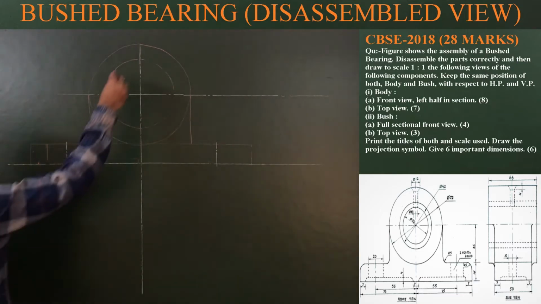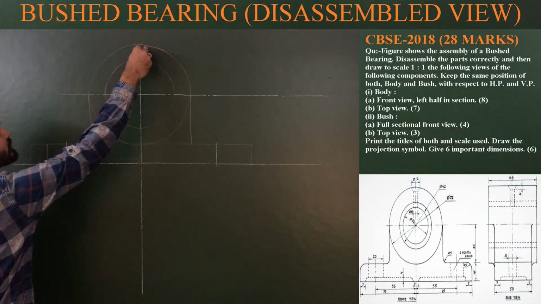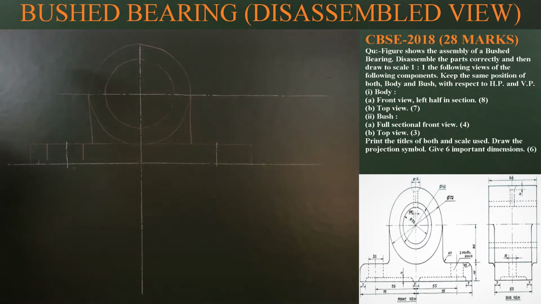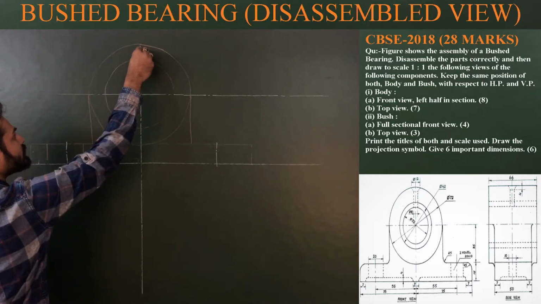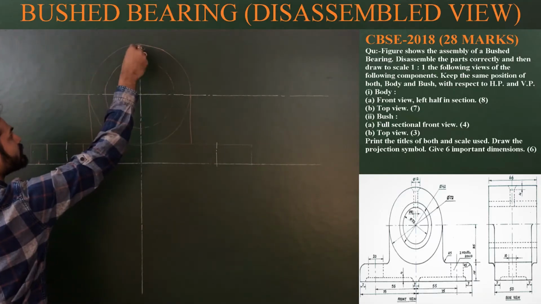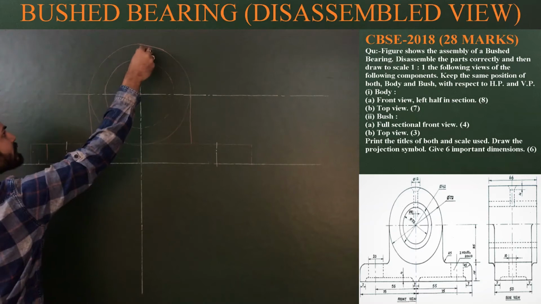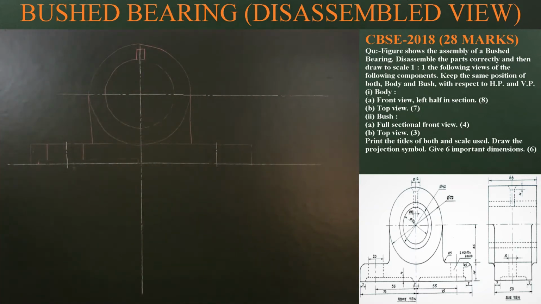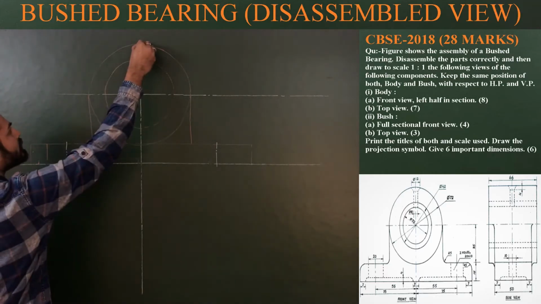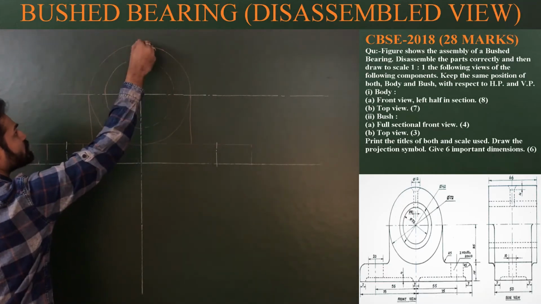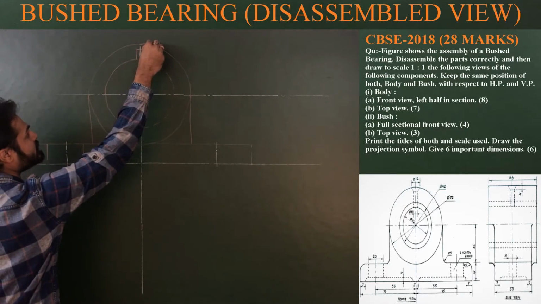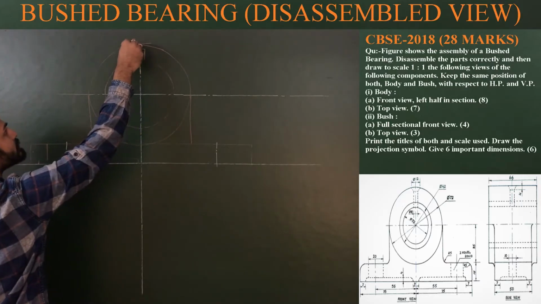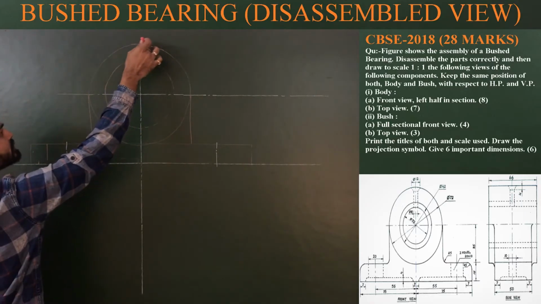So for the oil hole, from this point mark 4 mm vertically along the axis, and then from this point half of 6.3, half of 6.3 on both sides, left and right. Okay, then from this point again total is 12, so from this point 6 and 6, total is 12.